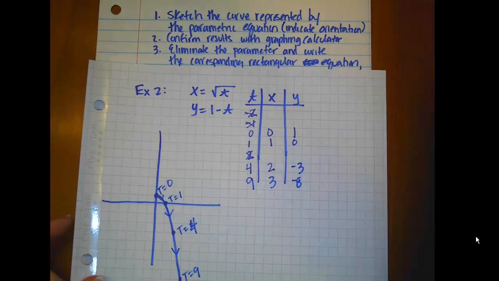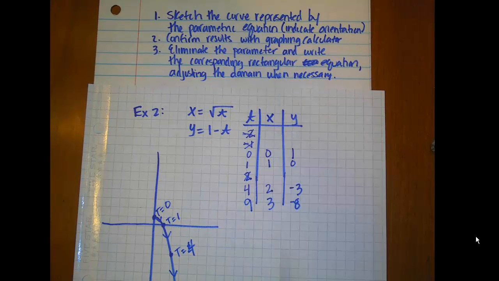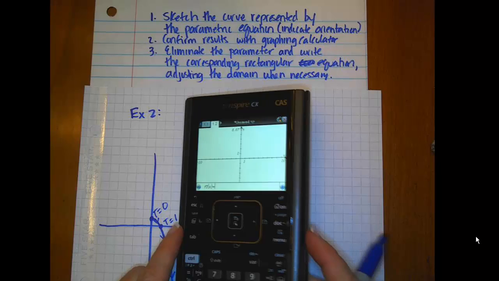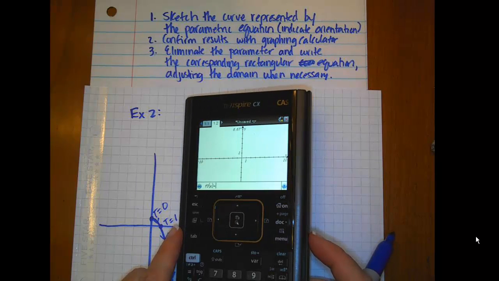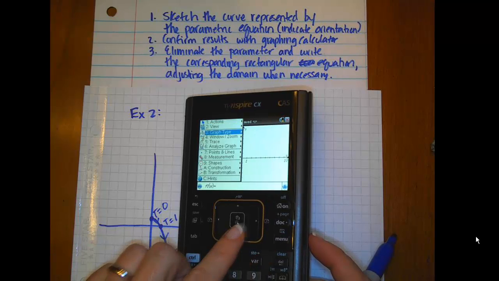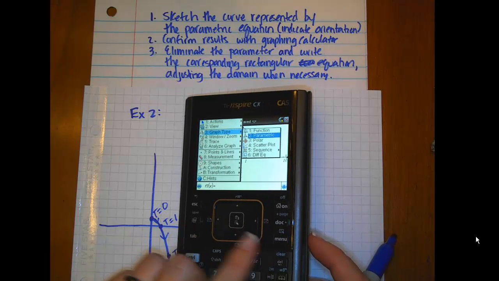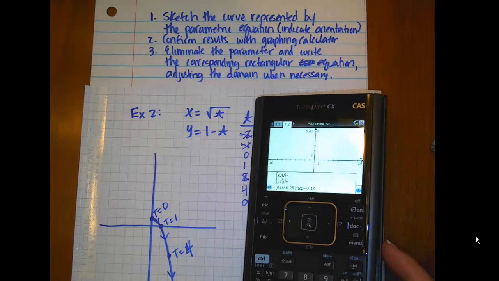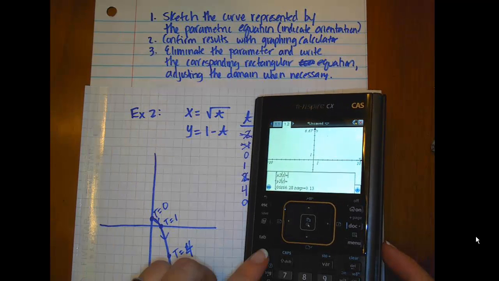All right, so moving forward, let's go ahead and confirm our results with the graphing calculator. Sorry, I'm tilting it a little bit because the glare is kind of bad. So again, I'm going to hit menu, and I'm going to go down to graph type, and I want to put in a parametric. Okay, and my parametric for my x is the square root of t.